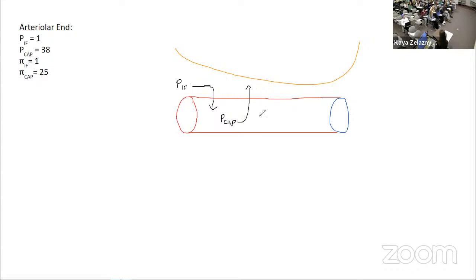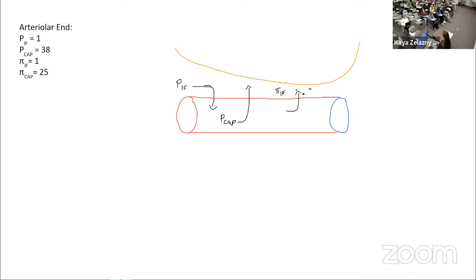I'm just drawing them in order so that we can separate them out and see the arrows. Okay, so then we want to think about the oncotic pressure of the interstitial fluid. So pi F is due to solutes. So what direction is this arrow going? Out, perfect.